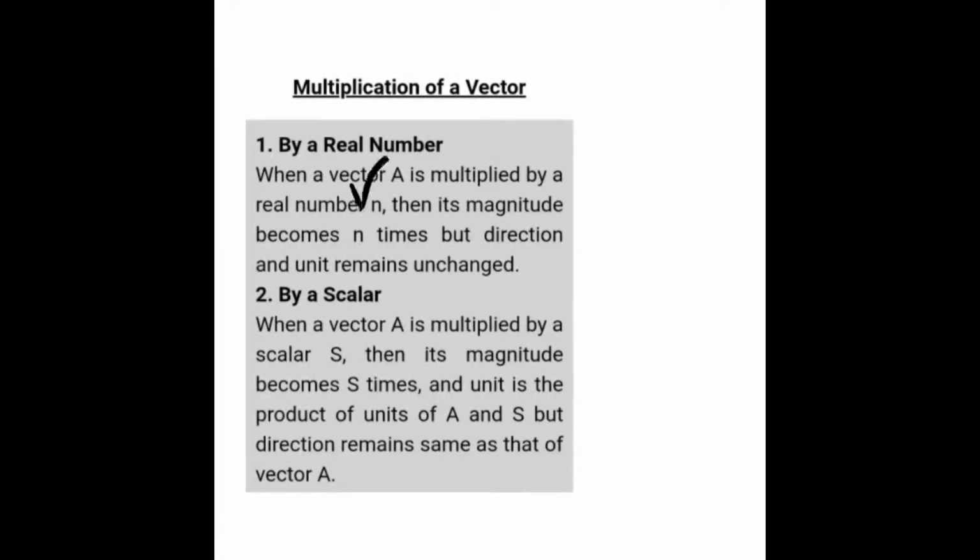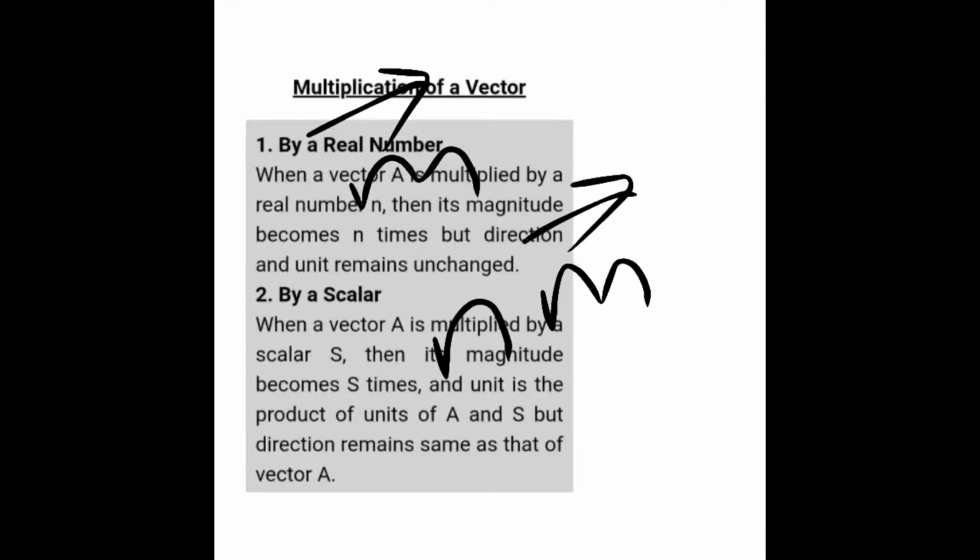Like if m is a vector and I multiply n m, n is the real number, so the value increases n times, but direction and units remain the same.